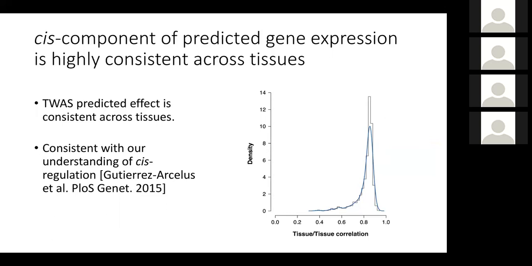We think this is consistent with the cis effect on expression and its eventual impact on trait being highly consistent. This is in line with recent GTEx studies showing that the cis effect seems to be shared, and what differentiates tissues is going to be the trans effect. Since TWAS only utilizes the cis component, we're not going to be able to capture that tissue specificity until we get to much higher sample sizes.